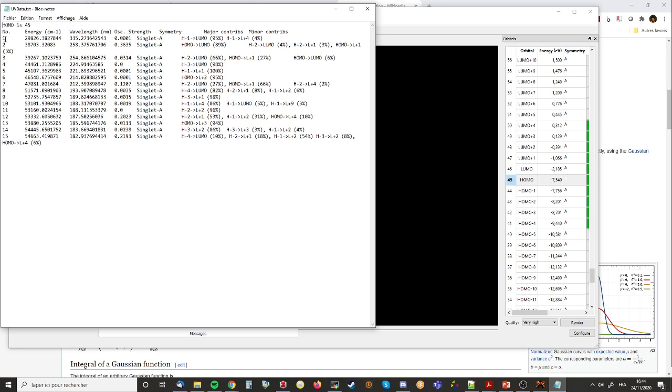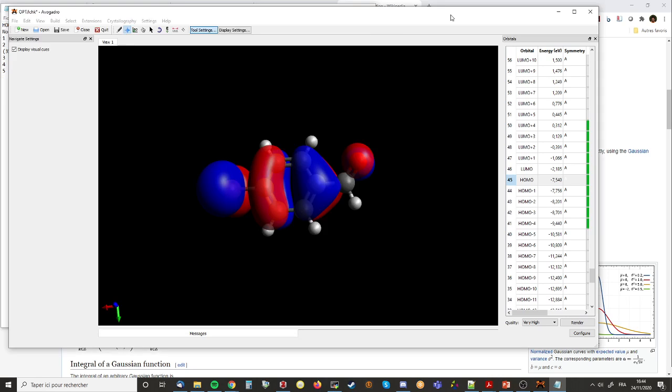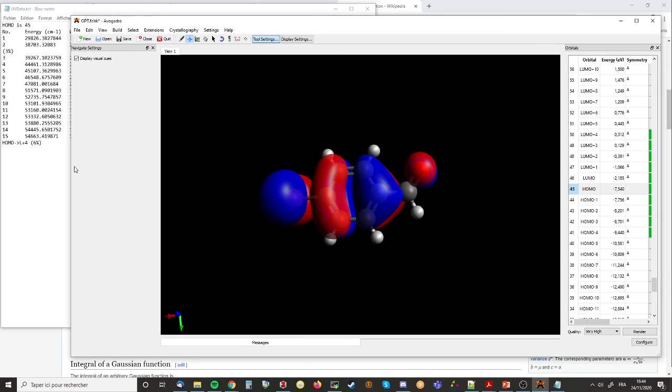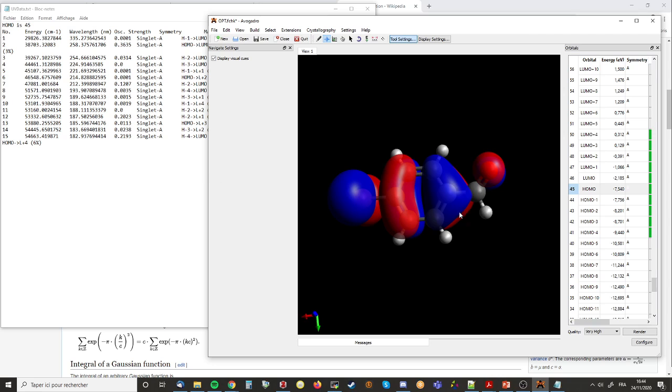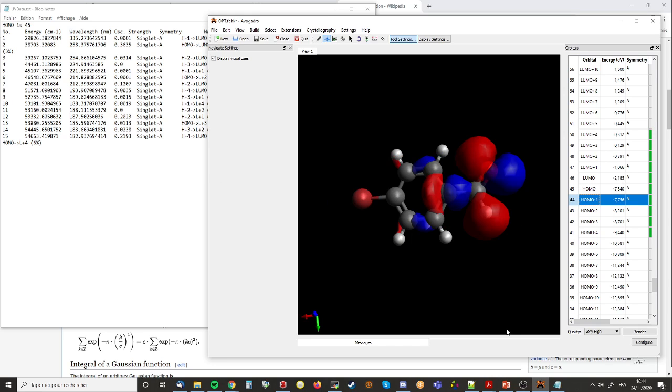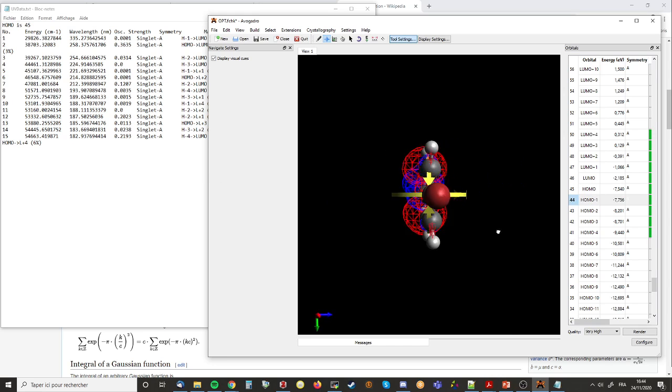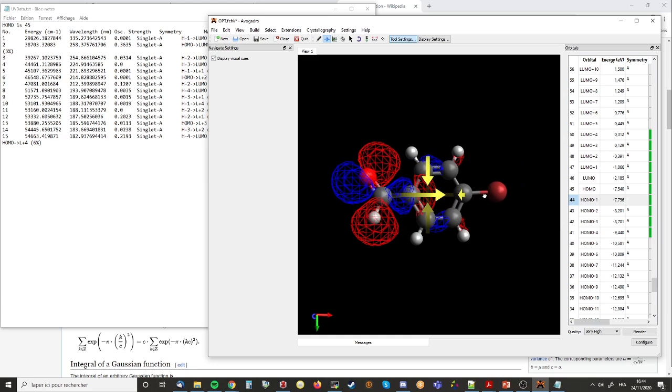So for the first excited state, it's HOMO-1 to LUMO at 95%. If you want to understand this transition, you can picture the HOMO-1.